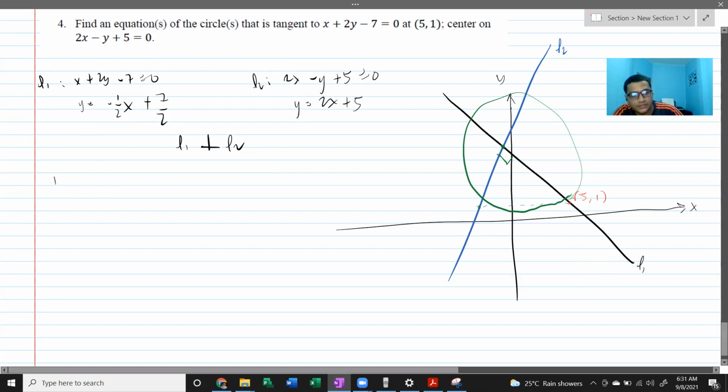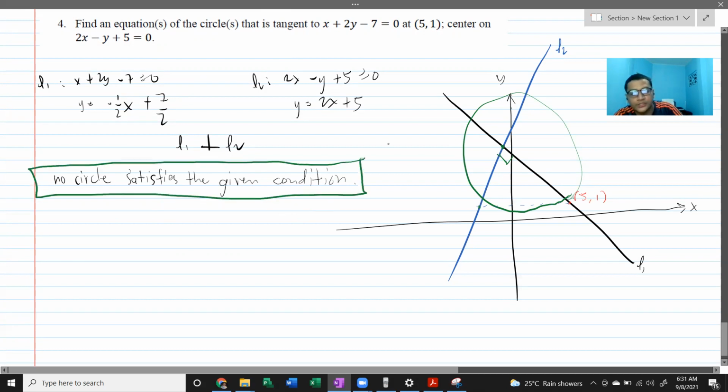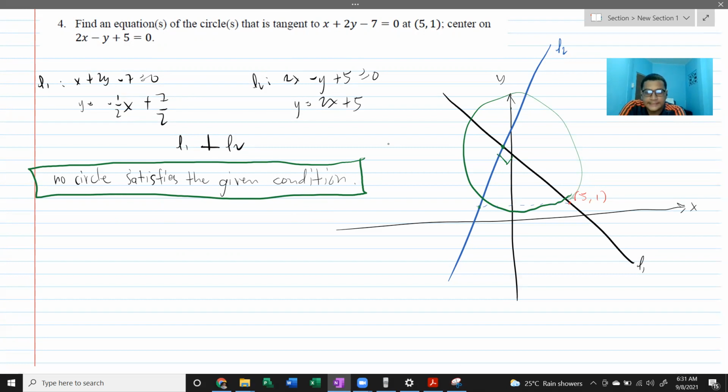So our answer here is: no circle satisfies the given condition. Okay. So wala tayong equation of circle because there is no circle that will satisfy the given condition.